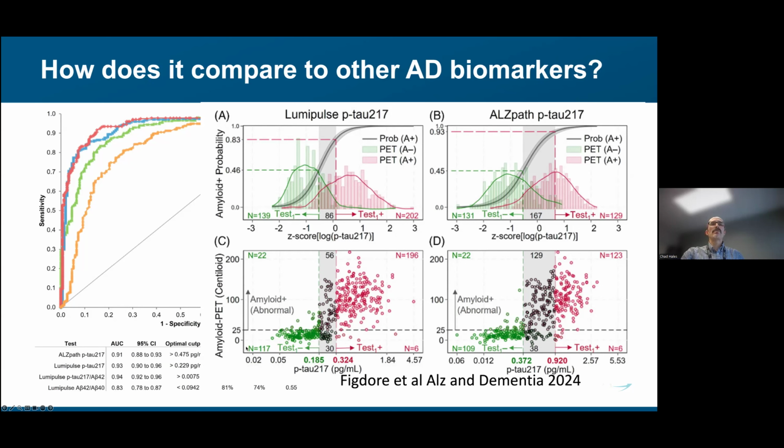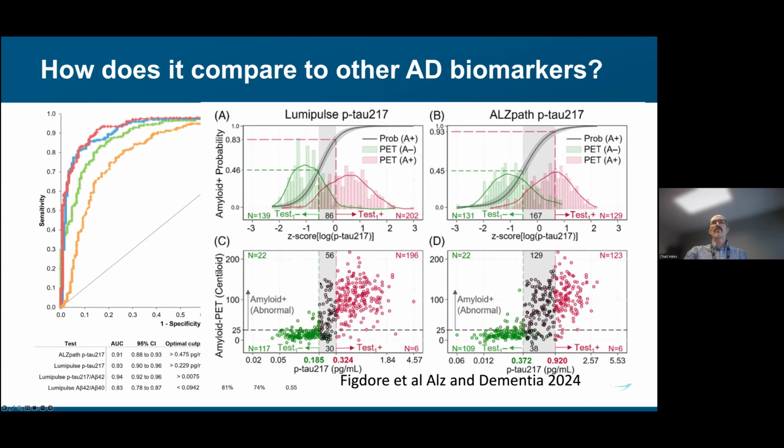And most of the people who have a negative plasma tau are falling below this dotted line, which is kind of considered the threshold above which you would have a positive amyloid PET scan. And over here on the right-hand side, if you have a value that's above 0.324, you're going above that dotted line, which would suggest that you have a positive amyloid PET scan.